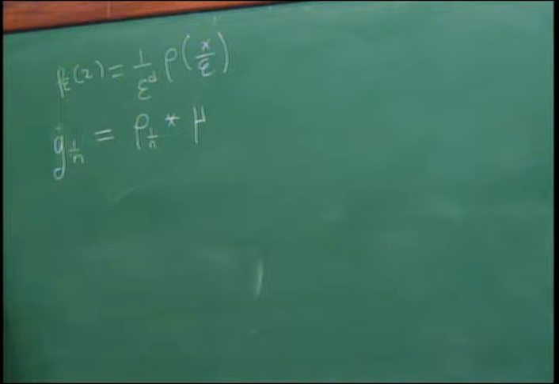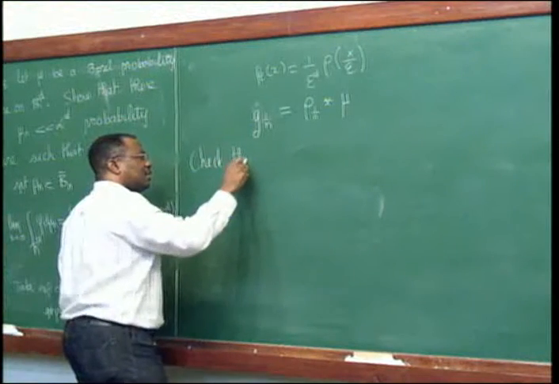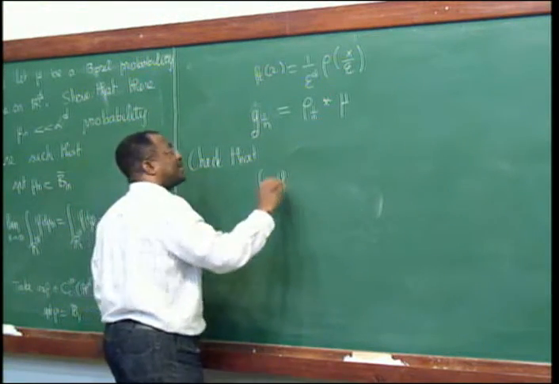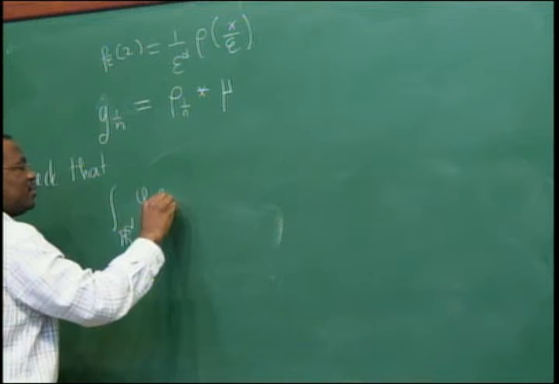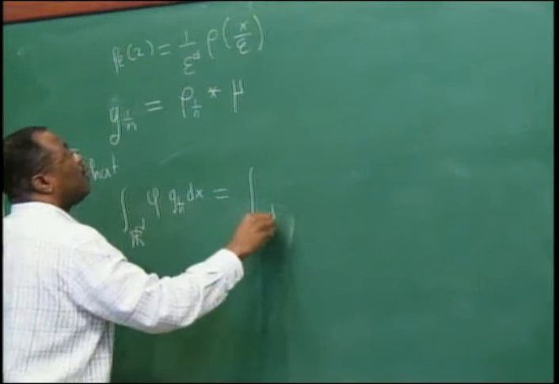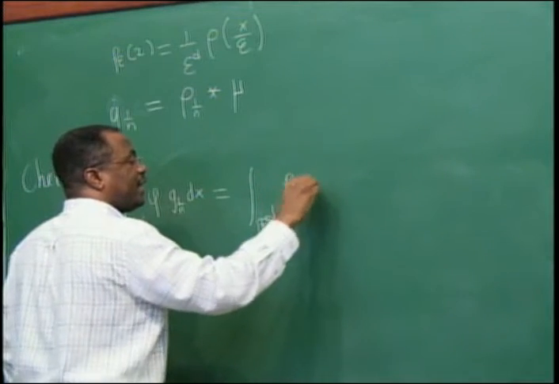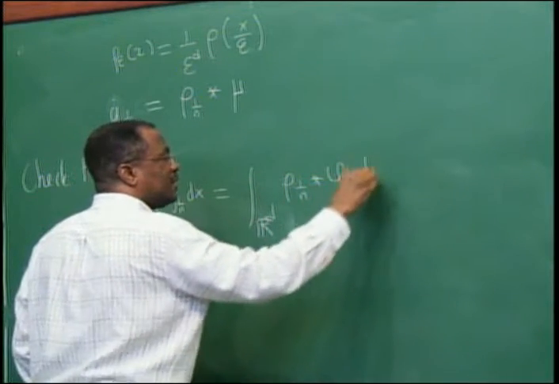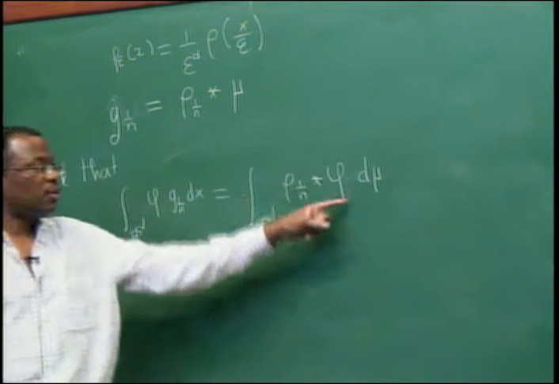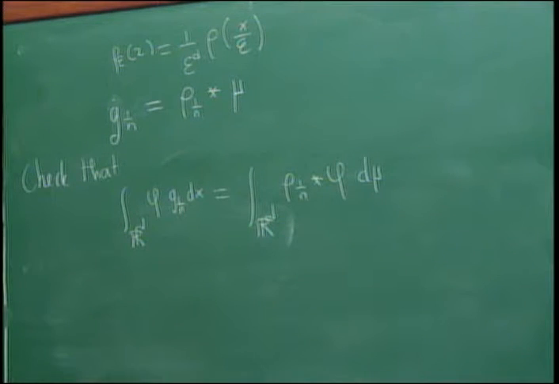So check that if you integrate over R^d phi g_{1/n} dx, this is the integral over R^d of rho_{1/n} convolution phi d mu. But because phi is uniformly continuous, this will converge uniformly to phi.